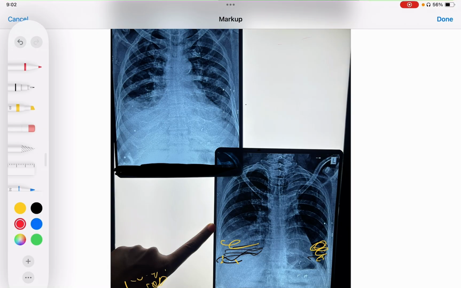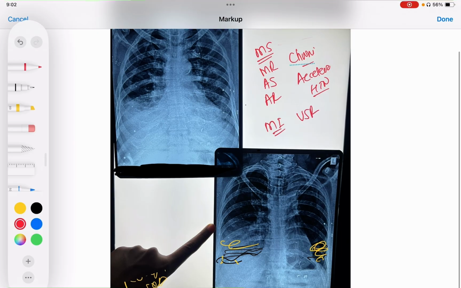In the heart, as I told you, left ventricular failure, which can be stable or chronic, which can be caused by mitral regurgitation, mitral stenosis, aortic stenosis, aortic regurgitation, chronic hypertension, or accelerated hypertension, or hypertensive emergency, or urgency, or myocardial infarction, or ventricular septal rupture, or atrial septal defect or ventricular septal defect, which puts more pressure on the left ventricle or left atrium.